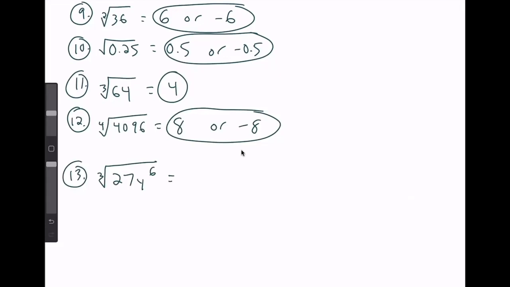So the first thing I want to do is look at this as if there's no variables. If it was just the cube root of 27, how many answers would I get? Would I get 1 or 2? 1, because the index is odd.